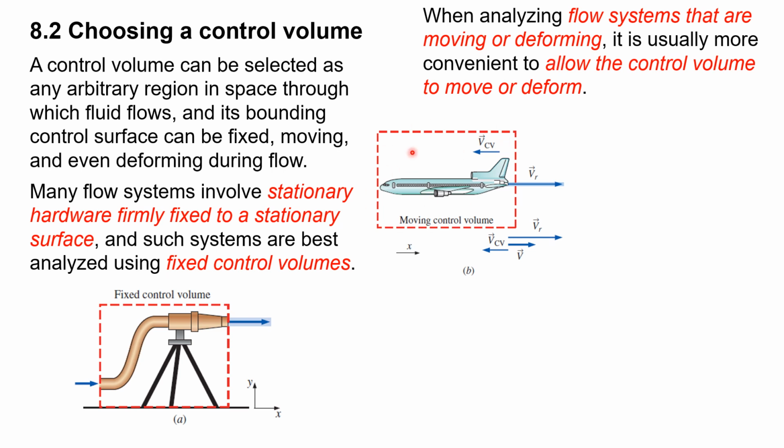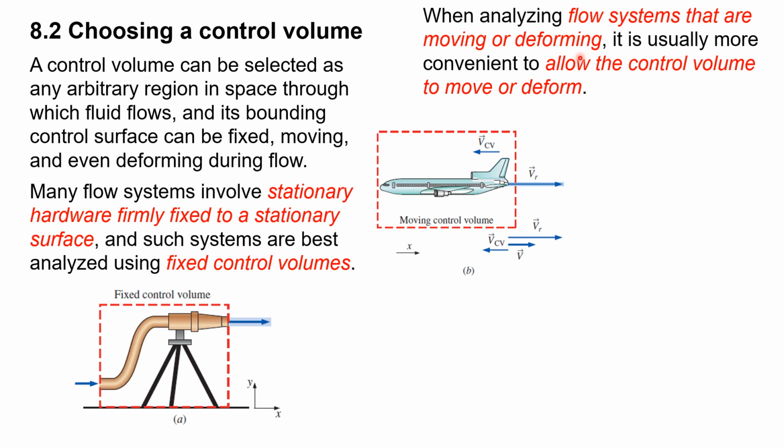Like an aeroplane. The aeroplane is a moving control volume, because it is not expanding or shrinking, but it is moving from one place to another. So we consider it a flow system that is moving.